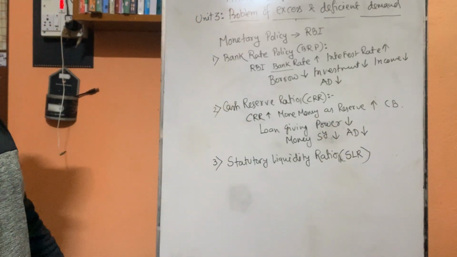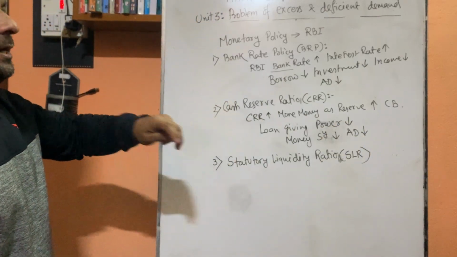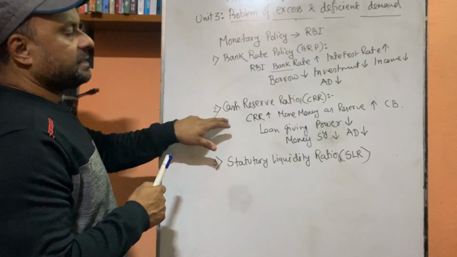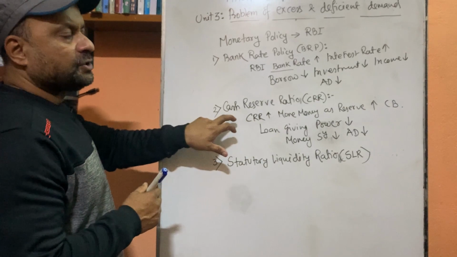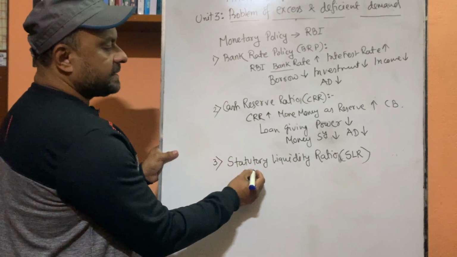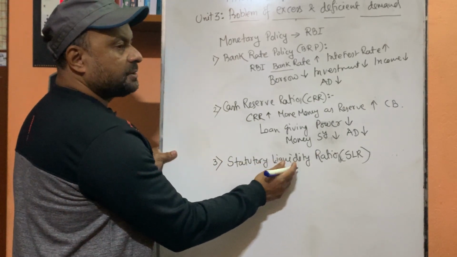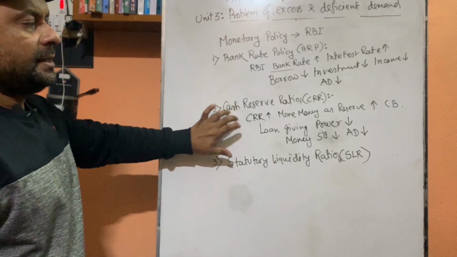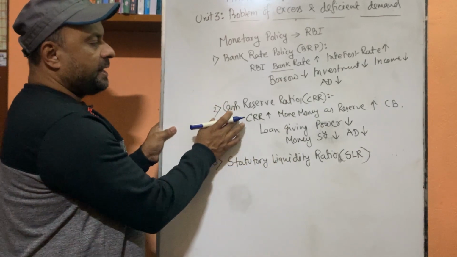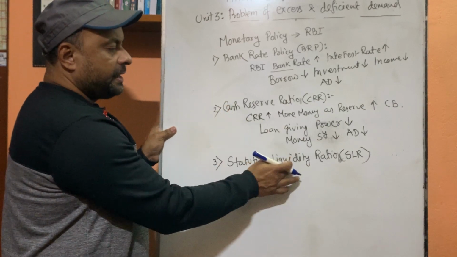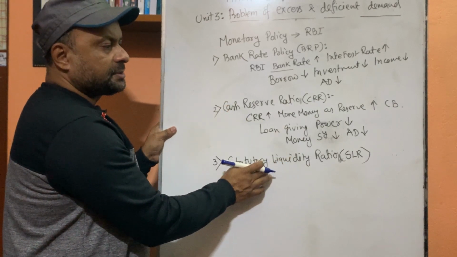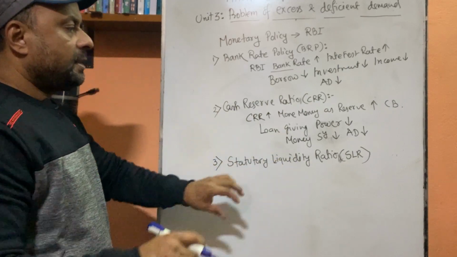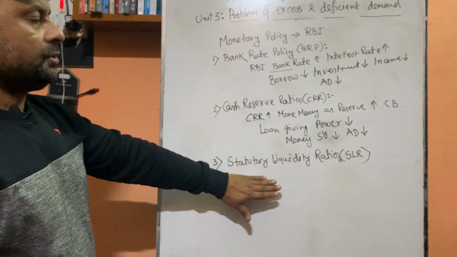Statutory liquidity ratio. This is almost the same thing as CRR. CRR is what? Commercial banks deposit money with the central bank. In SLR, commercial banks keep money with themselves according to the direction of the central bank, RBI. If the central bank orders them to keep a certain amount with themselves, they will do it.